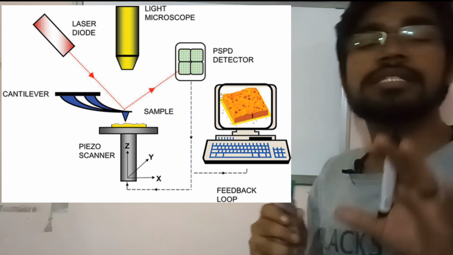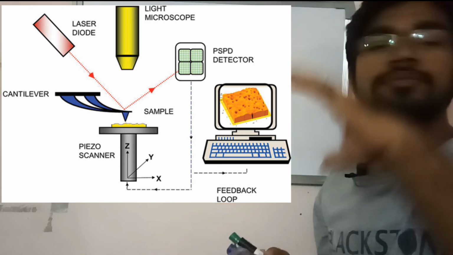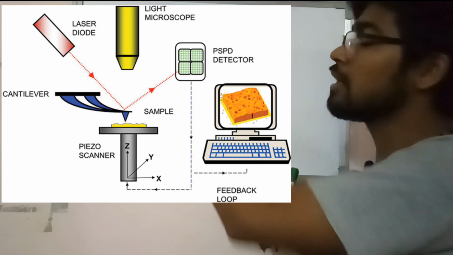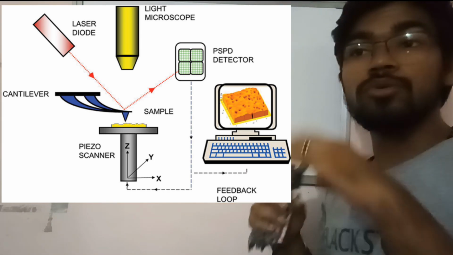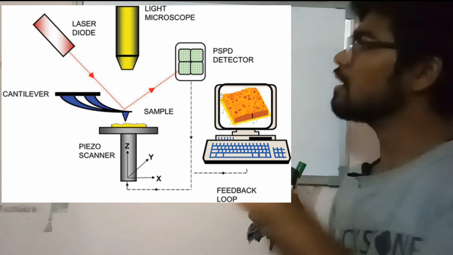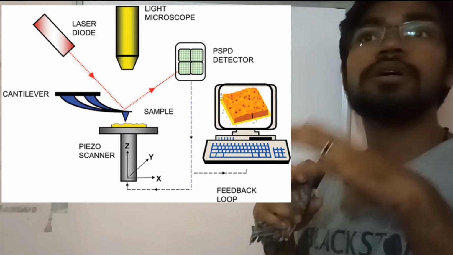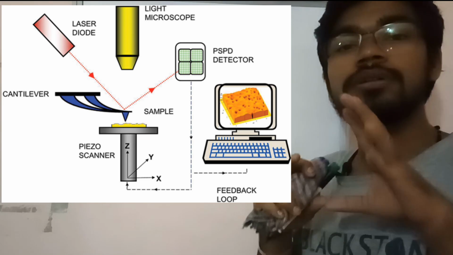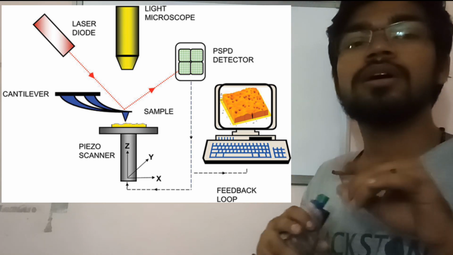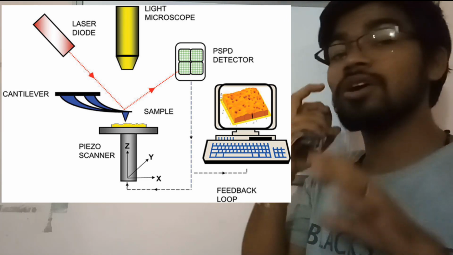As you can see in the image, the laser comes onto the cantilever and the cantilever moves along with the piezo, and they give a radiation, and by using this we can observe the 3D image, in the XYZ three axes.